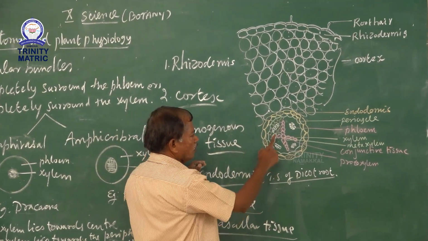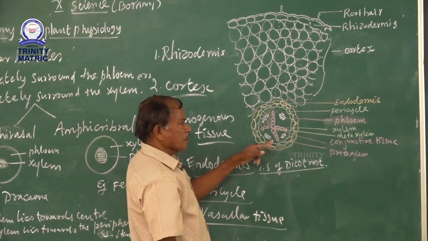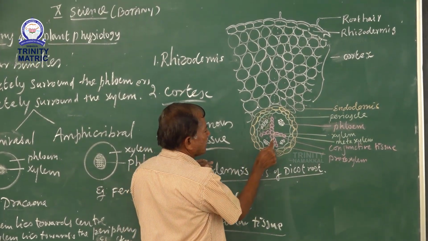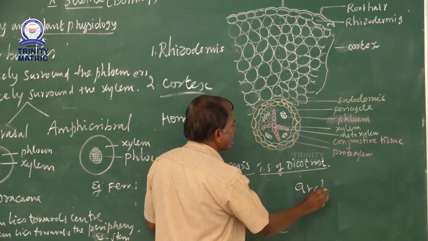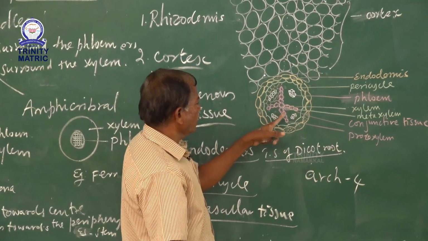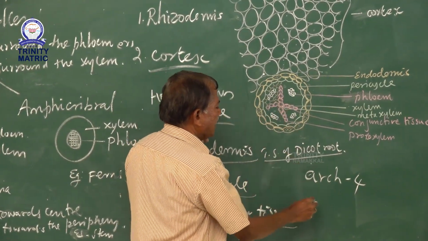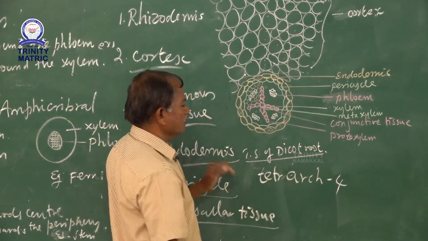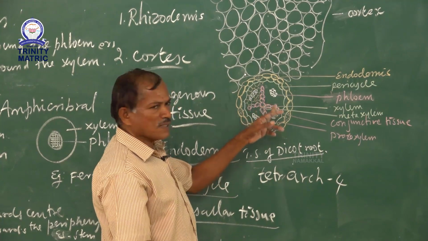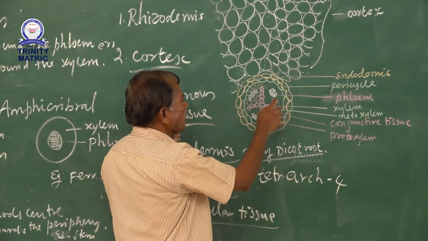Look here, how to describe the vascular bundle in a dicot root. Look at this picture. The xylem arcs are four: 1, 2, 3, 4. So this is called tetraxylem, or tetrarch condition. In between the xylem there is phloem tissue.